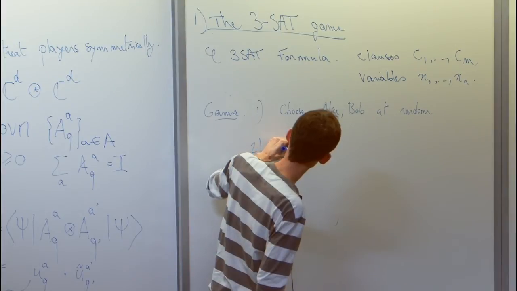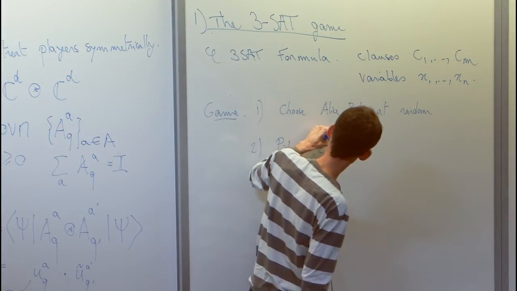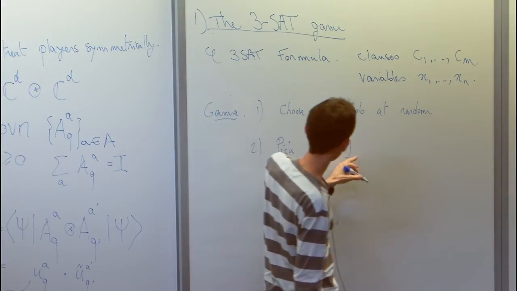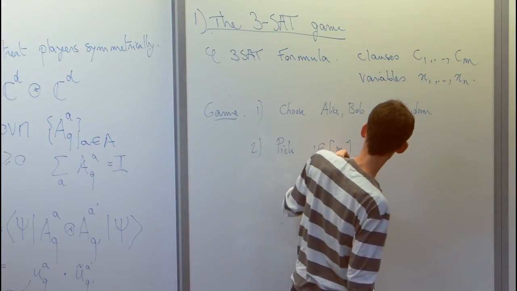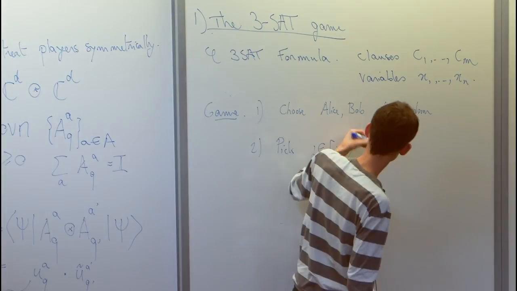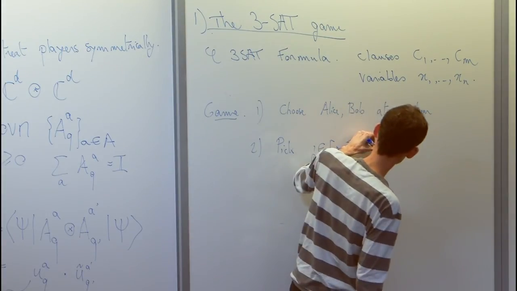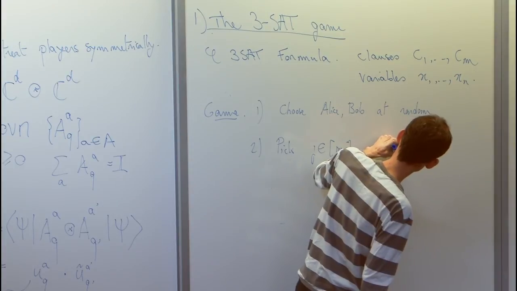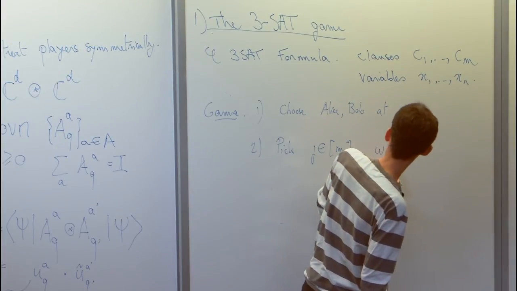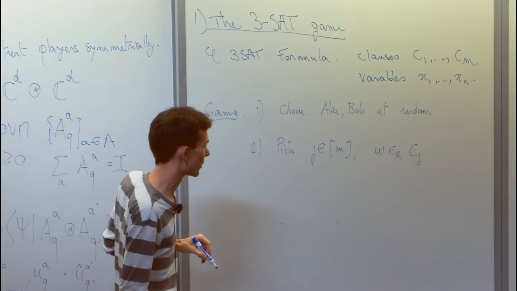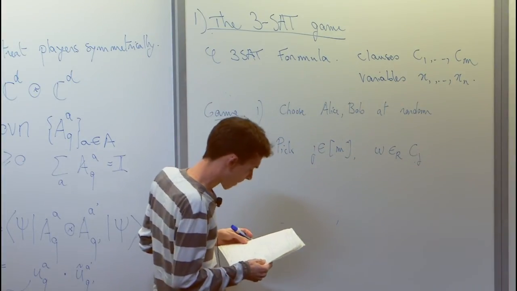Then we choose a random clause, also uniformly at random, and we choose j, and then a random variable in that clause. So I'm going to be a little bit sloppy, and I'll write it this way: random in the clause. This is just one of the 3 variables the clause acts on.